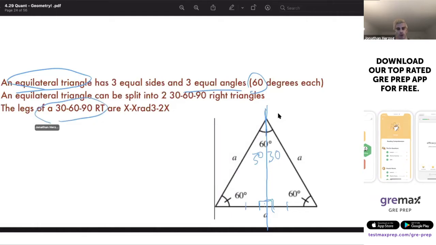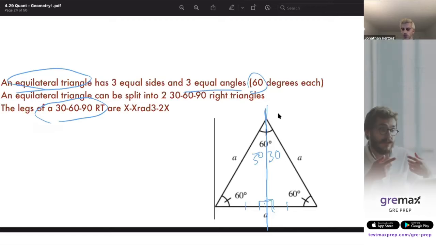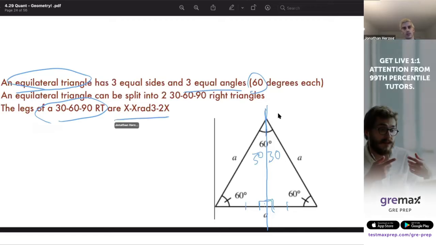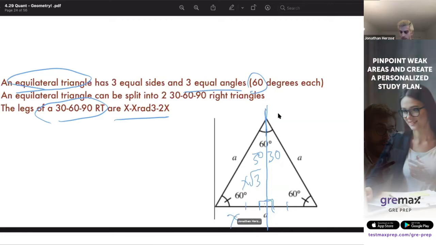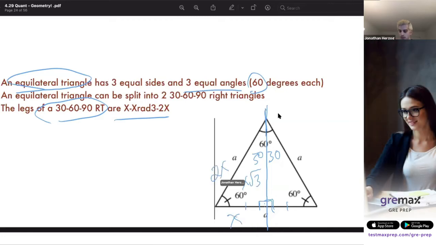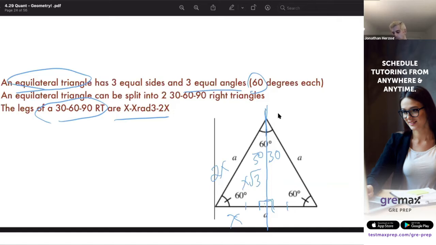As we recall from special VIP triangle, right triangle number 2, the relationship between the sides that the GRE loves to test is x root 3, or approximately 1.7 times x, and 2 times x. The largest side, the hypotenuse, is opposite the largest angle, which is indeed 90 degrees.